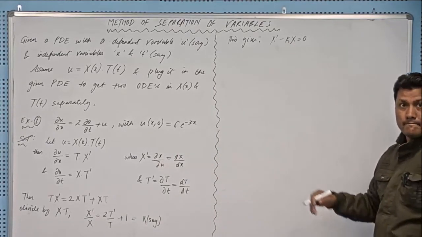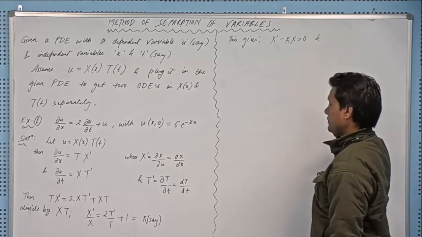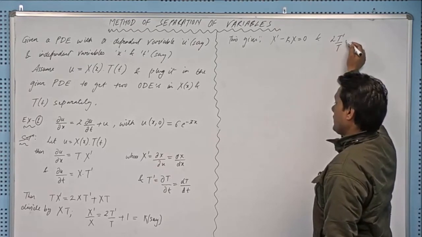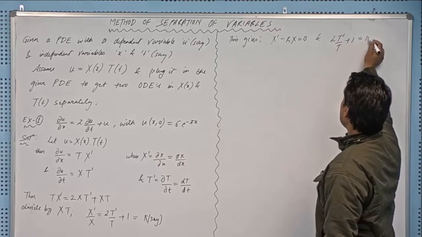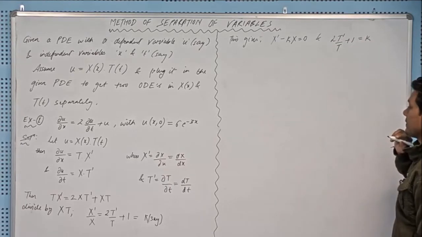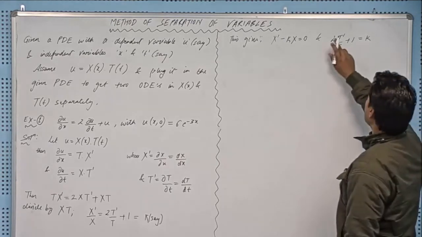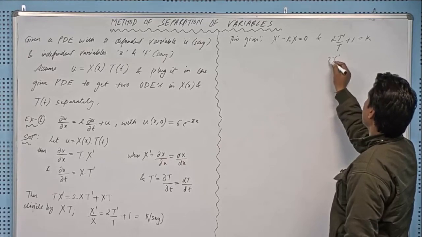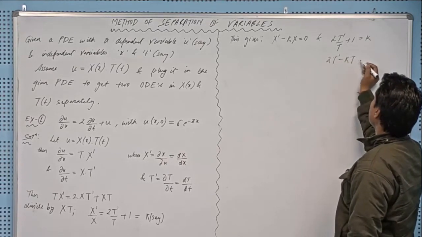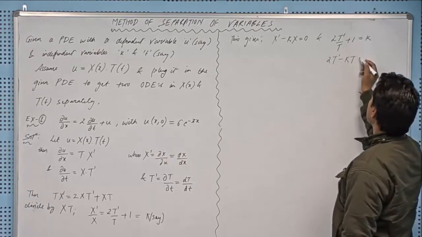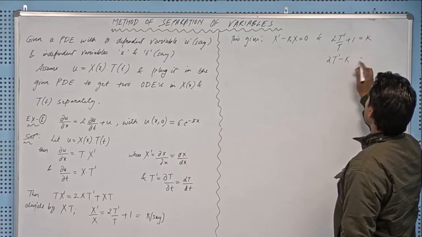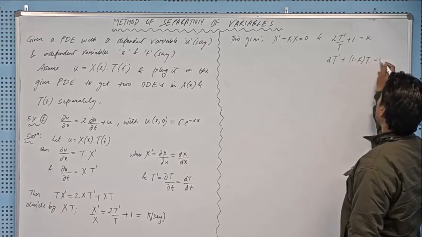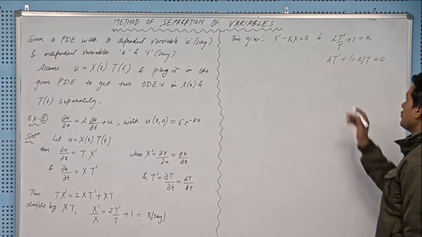And 2 T dash over T plus 1 equal to k will give, dividing by 2, T dash minus (k minus 1) over 2 times T equal to 0.